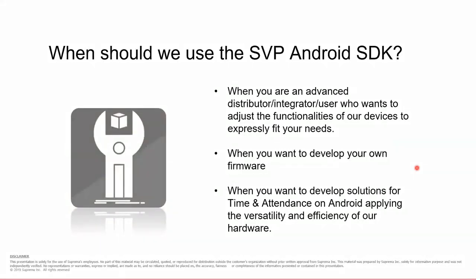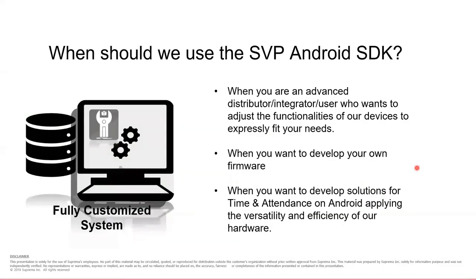And when to use the SBP under the SDK? I would say when you are interested in building a fully customized system, because you will be working in the firmware of the device directly.